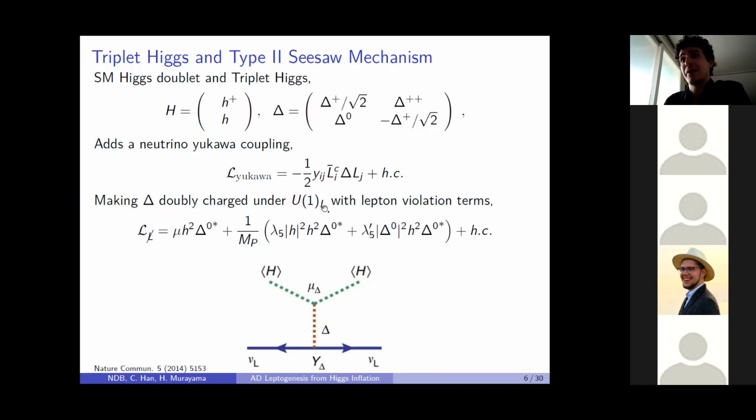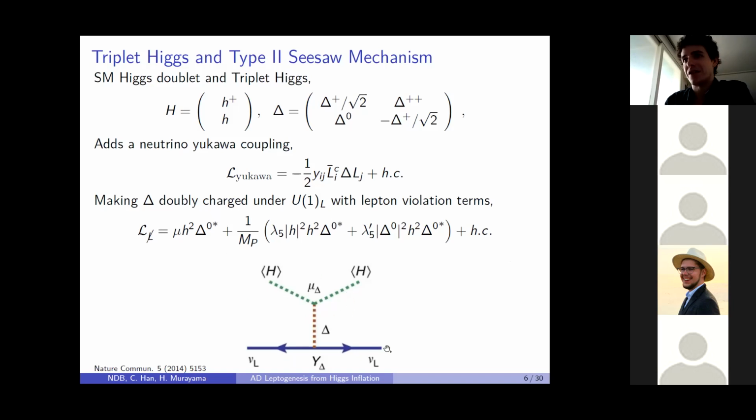The other nice thing about this model is that you can have couplings between the delta and the H that inherently violate lepton number. The usual term, this is some high dimensional term which we're going to include, is this cubic term where you have this mass dimension 1 coupling mu, and this is inherent in the type 2 Seesaw mechanism.